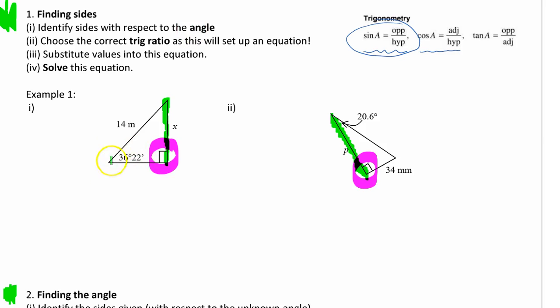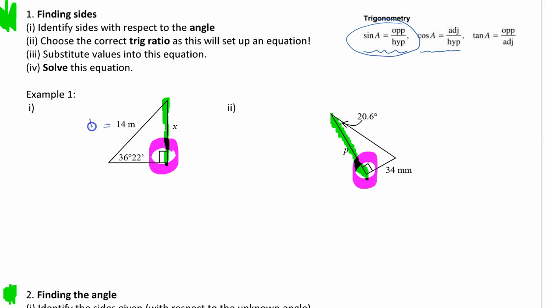So within this triangle, you can see we've got this angle. With respect to the angle, we hopefully know that the sides will either be opposite, adjacent, or the hypotenuse. One of those 3. The hypotenuse never changes. It's always the side opposite the right angle.